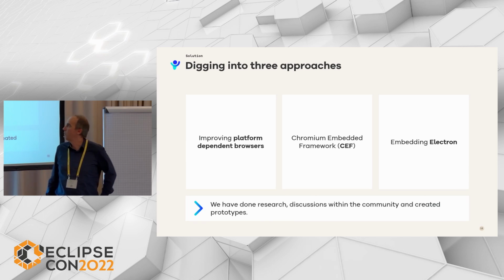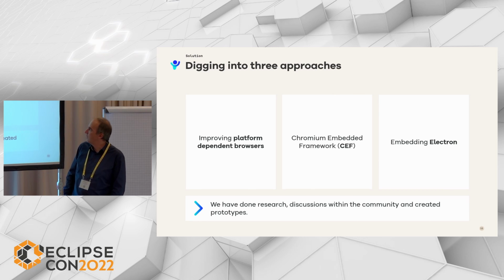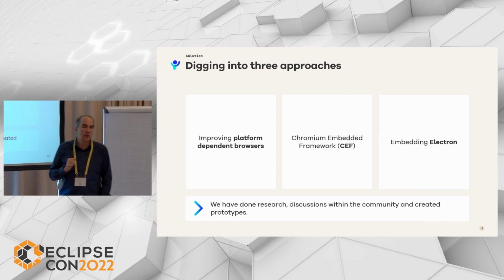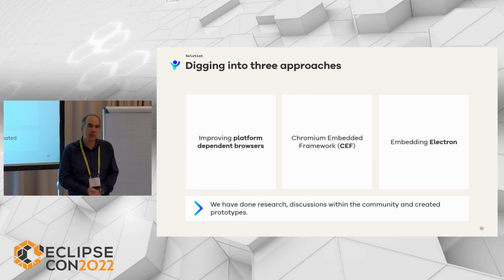So we need the Chrome browser and libChromium itself, the renderer behind it. It's open source, you can use it, and we tried a tight integration using the Chromium Embedded Framework, and we also tried a more decoupled approach using Electron. I want to present you our results of the research and discuss it with you, and would love to have your feedback.